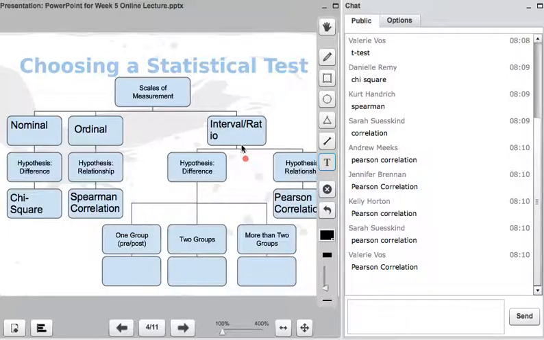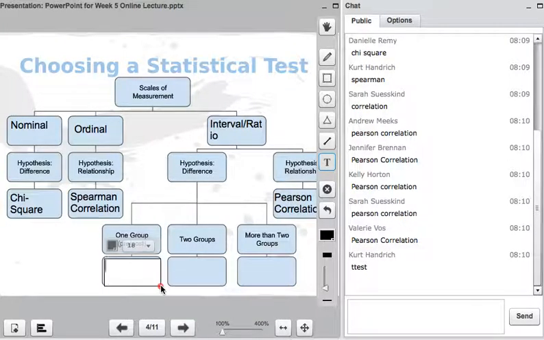Okay, now we're still in interval ratio data. Now we're looking at a hypothesis for differences. What would go over here? We have interval ratio differences with a pre-post test, one group. Okay, perfect. It is a t-test.